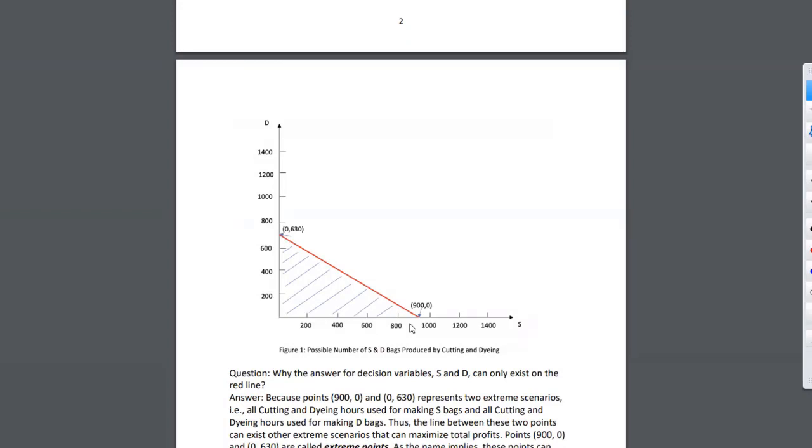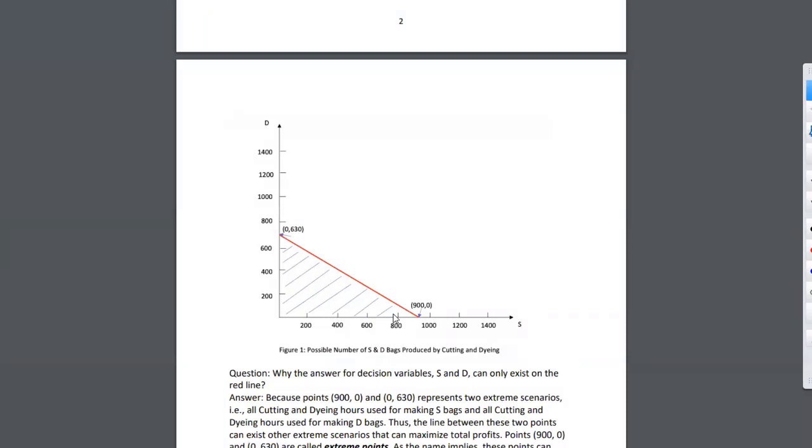Okay, let me give some terminologies. Let me call these two points on the x-axis and y-axis extreme points, because they are extreme, right? Let me call this red line the boundary, decision boundary. You will never find a solution over this red line.